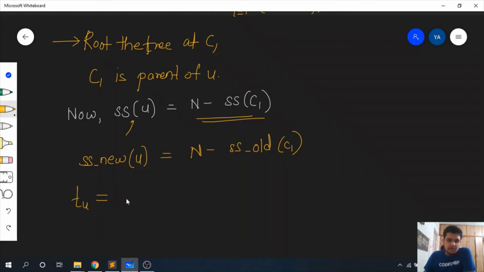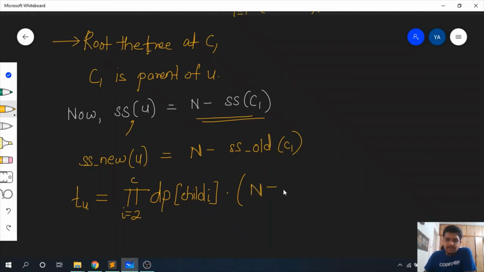So tu is equal to the summation of I is equal to 2 to c. Now remember, I is equal to 1 is no longer the child of the uth node because now it is its parent, because we have rooted the tree at c1. So I is equal to 2, dp of child of I. I am just writing this for simplicity, as it would get confusing if I write Ci, into we replace subtree size of new.